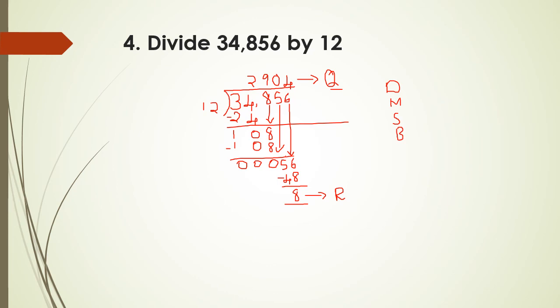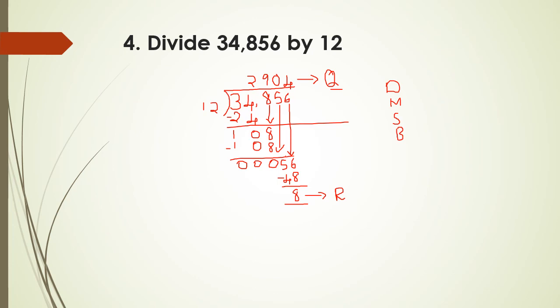So now we got 56. Now how many times will you get 12 in this 56? So we will get 4 times, 48. Next you have to subtract 56 minus 48. You will get 8.